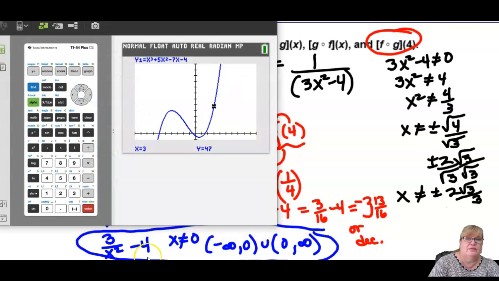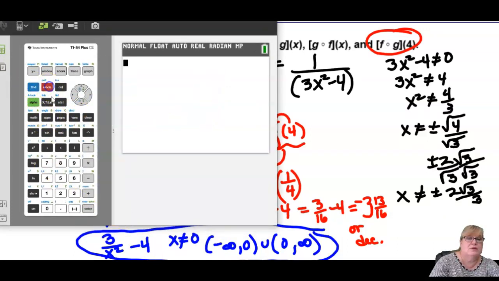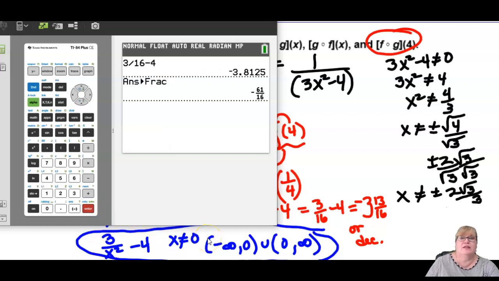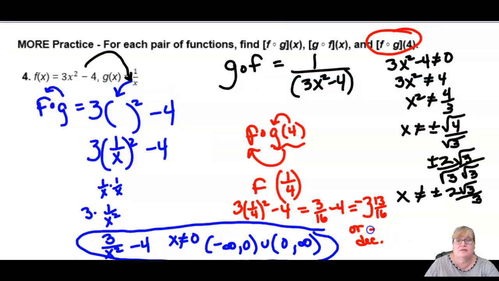Let's type it in here. (3/16) minus 4. There's the decimal. If you do a math enter, it's going to give you an improper fraction of -61/16. Okay. Anyway, all good.